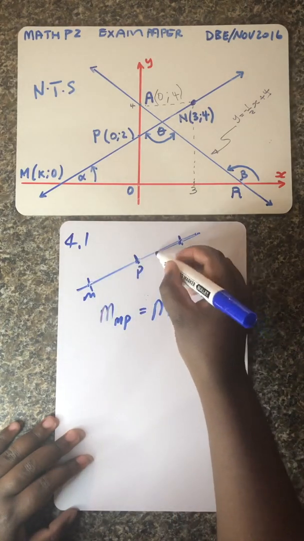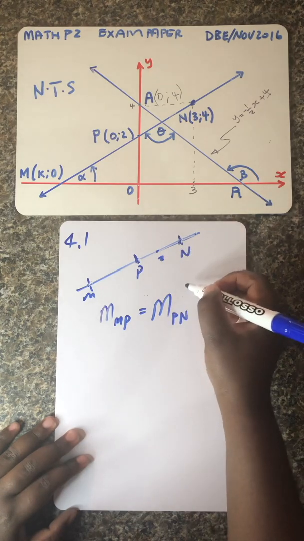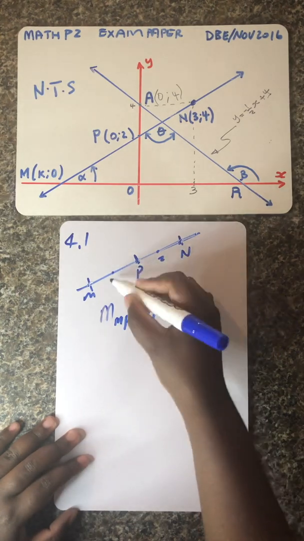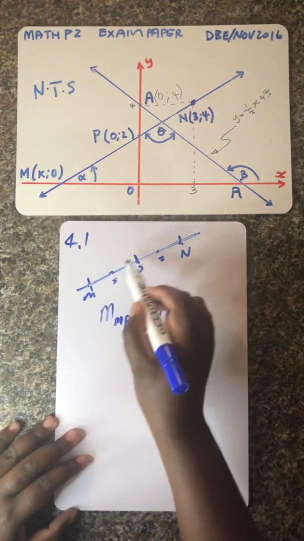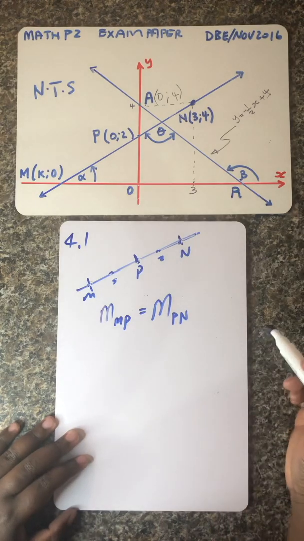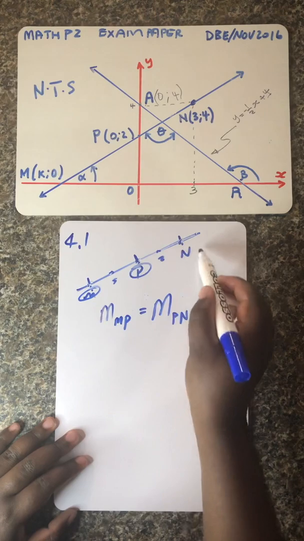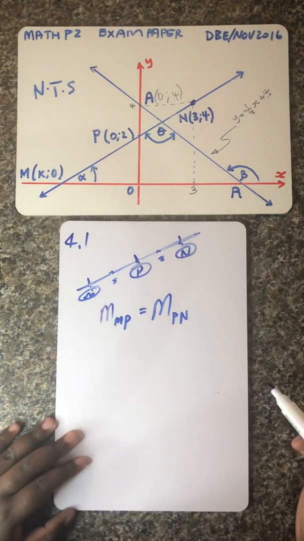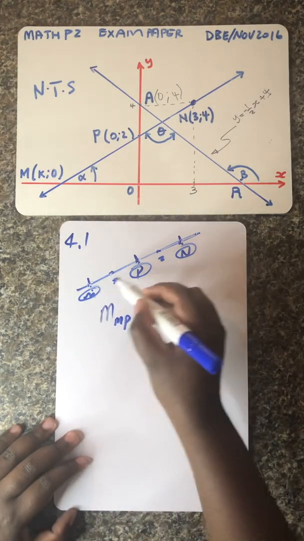Even if I had to introduce another point there and call it S, for example, that means that this gradient is equal to that gradient, is equal to that gradient. But in this case we choose to use these 3 points because we've got the coordinates of those points. So we can use this formula to substitute all of these points.